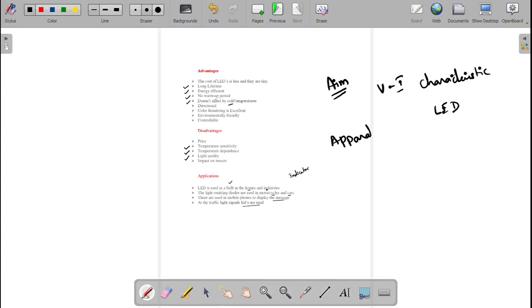Here, as already mentioned, apparatus means we need an LED. Voltage can be measured by using a voltmeter, and current can be measured by using an ammeter. A power supply is to be connected, that is a battery eliminator or battery, so we can mention it as power supply.